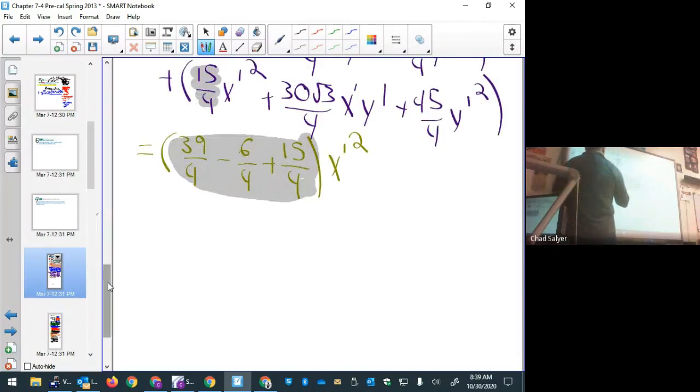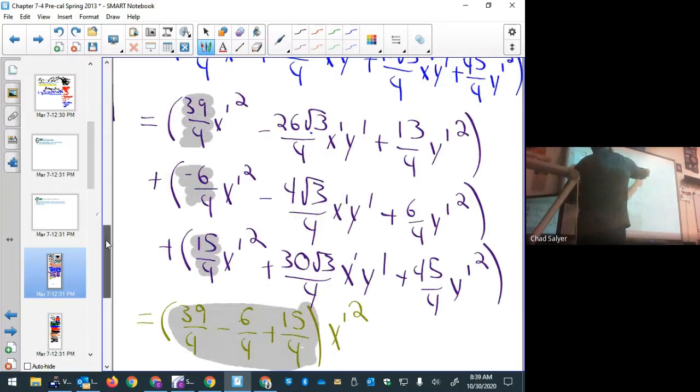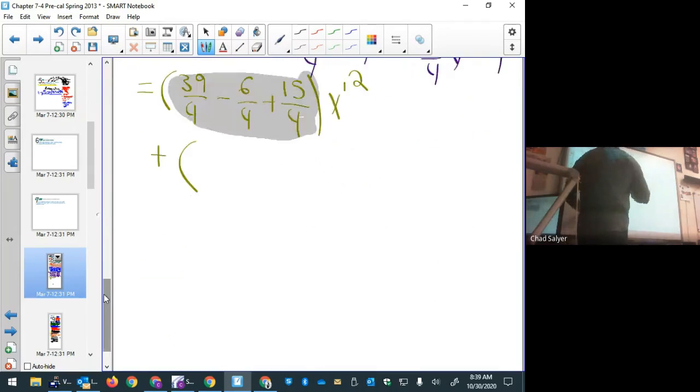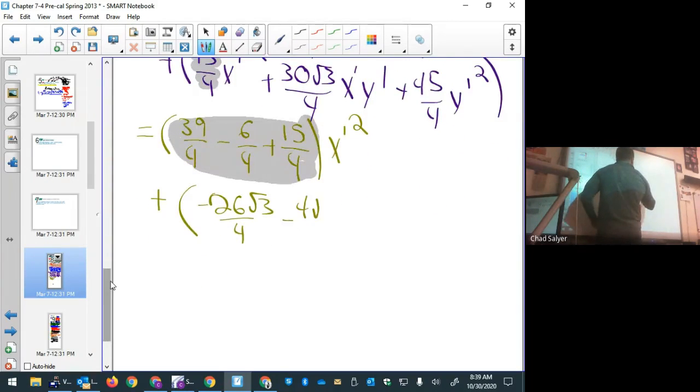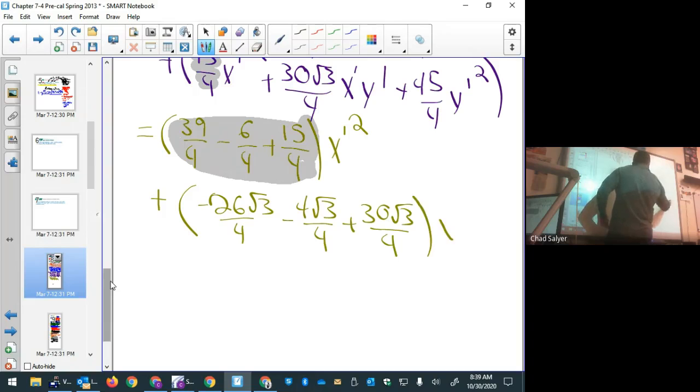So plus, and now we're going to use the coefficients of x prime y prime. Minus 26 on the square root of 3 over 4, minus 4 on the square root of 3 over 4, plus 30 on the square root of 3 over 4, x prime y prime.